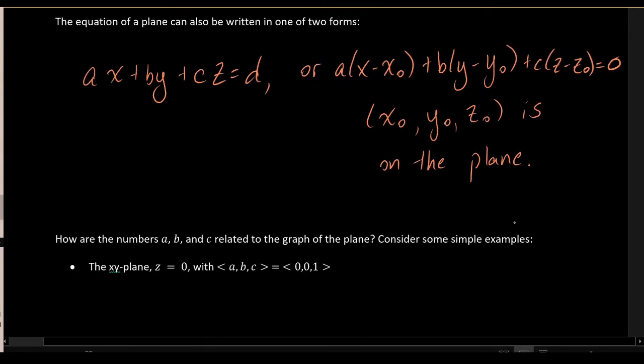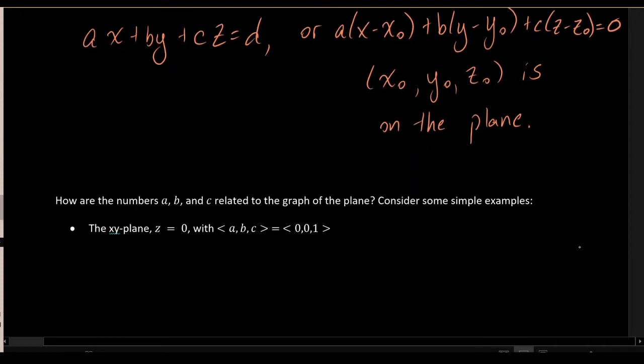We examined the effect that the numbers a and b had on the graph of the line, so let's do some quick investigation to see what the numbers a, b, and c may signify for the graph of the plane.